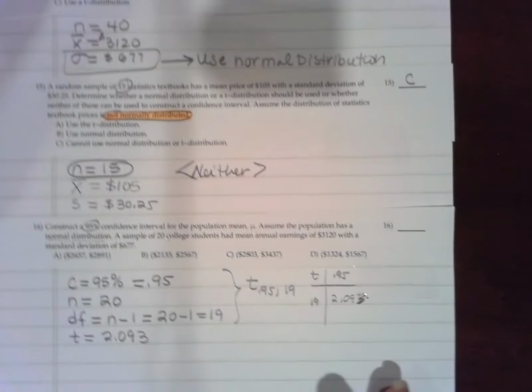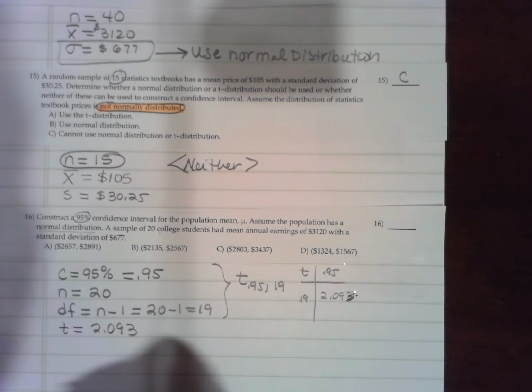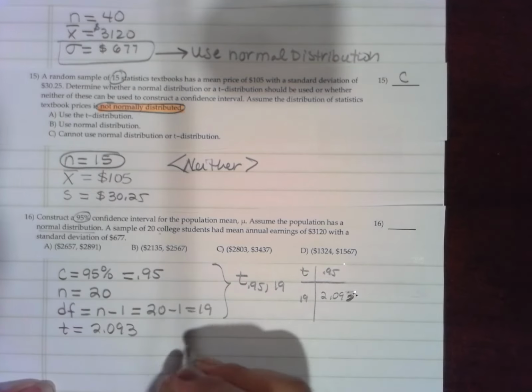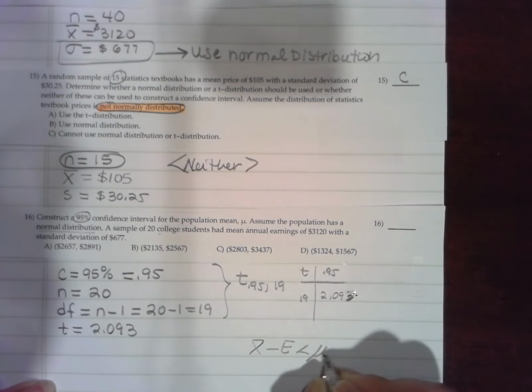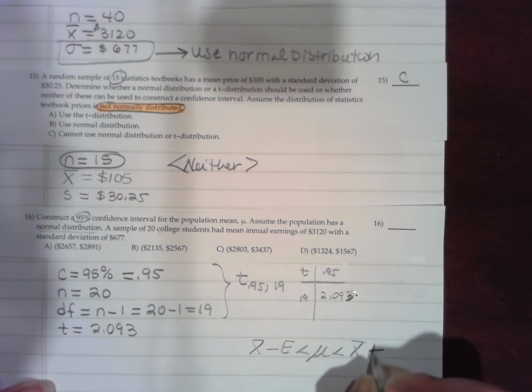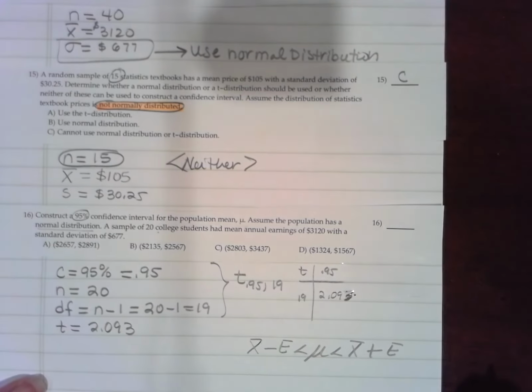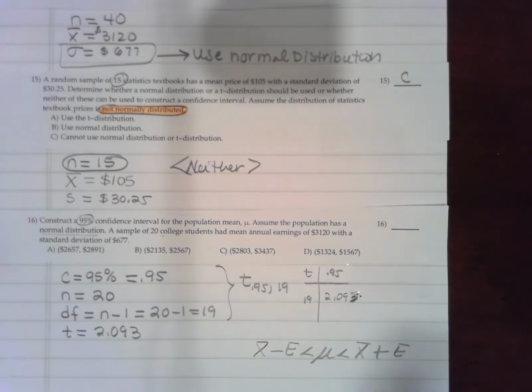In order to find the confidence interval, if you recall from the previous section, we are looking to find x bar plus or minus the margin of error, and that will be an estimate that the population mean is found within those two values with 95% confidence the more you repeat the experiment.